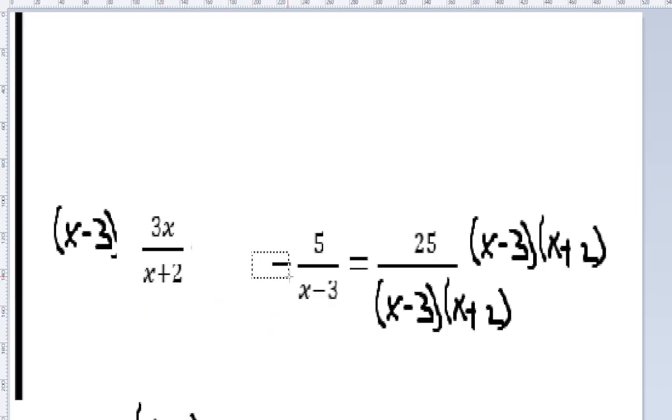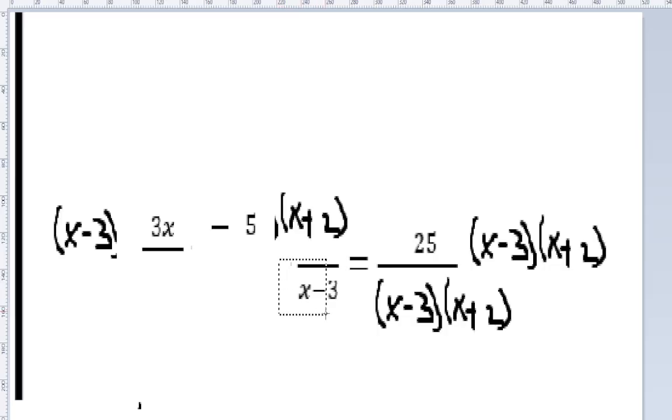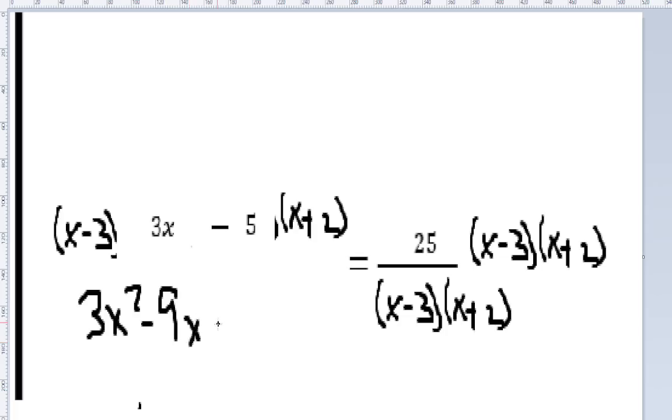And the problem is this minus 5 would multiply the x plus 2 because the x plus 2 of this one canceled. X plus 3 of this one canceled. This one you get 3x squared minus 9x minus 5x minus 10.